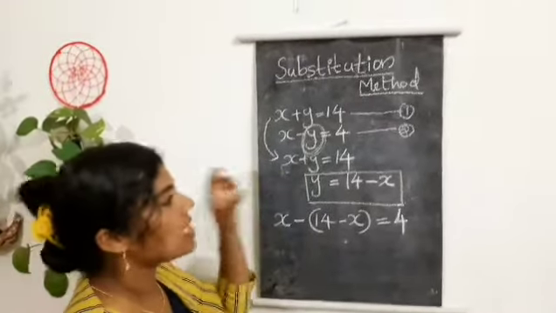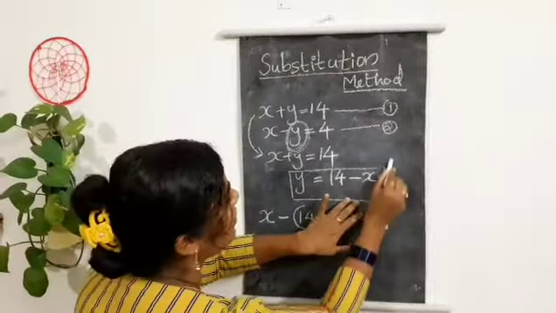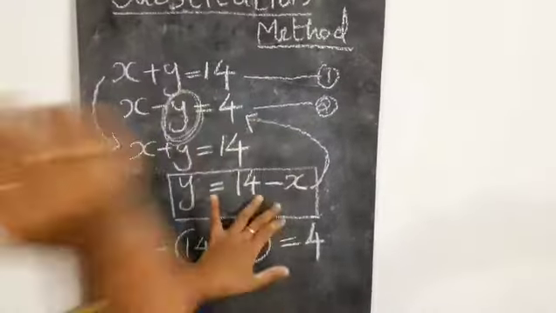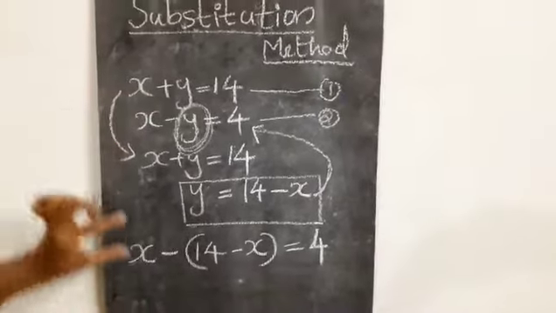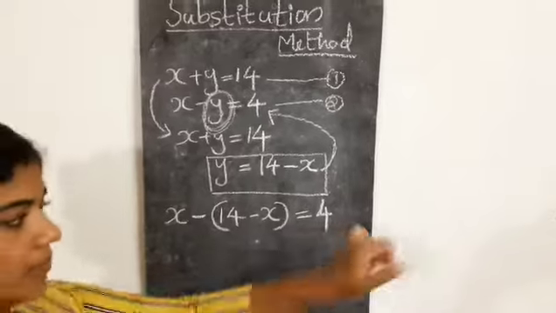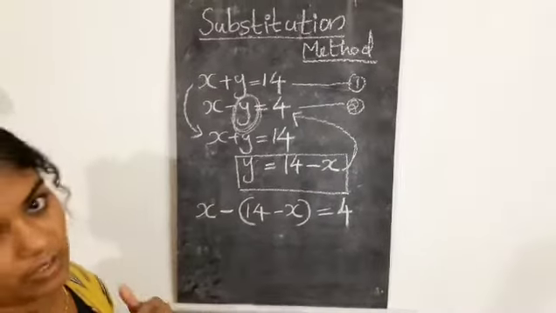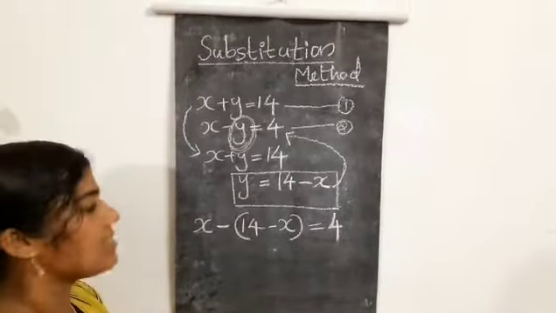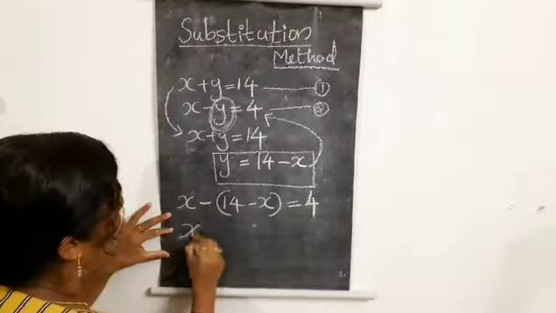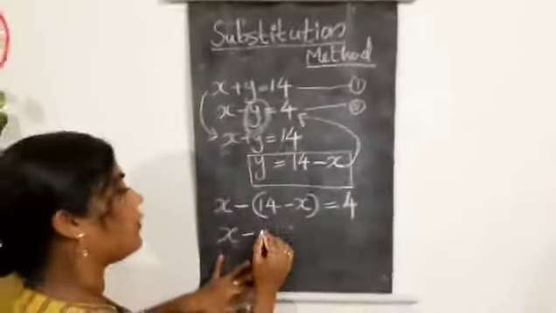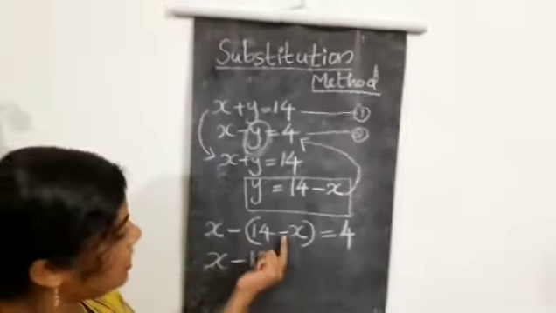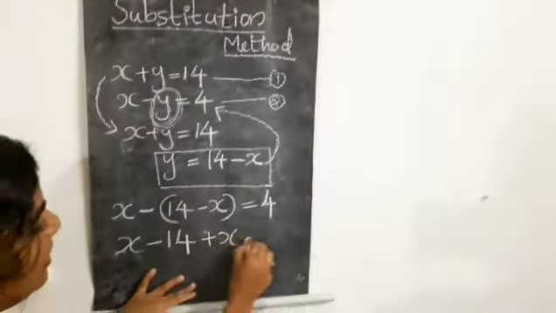Then we substituted this value in equation 2. That I wrote here: x minus (14 minus x) equal to 4. Now we start removing the brackets and finding the numbers. So x minus into 14 we can write minus 14, and minus into minus is plus x, equal to 4.